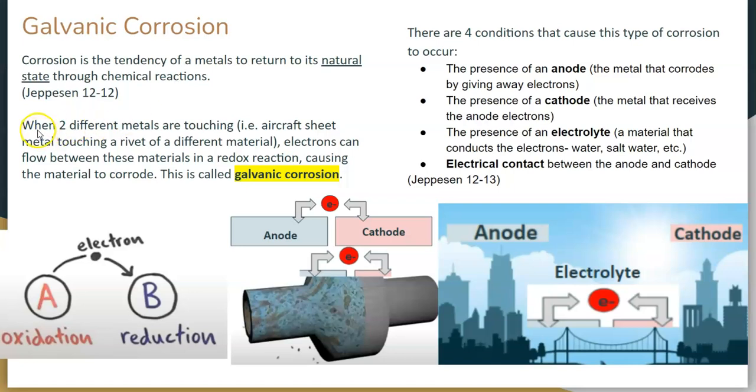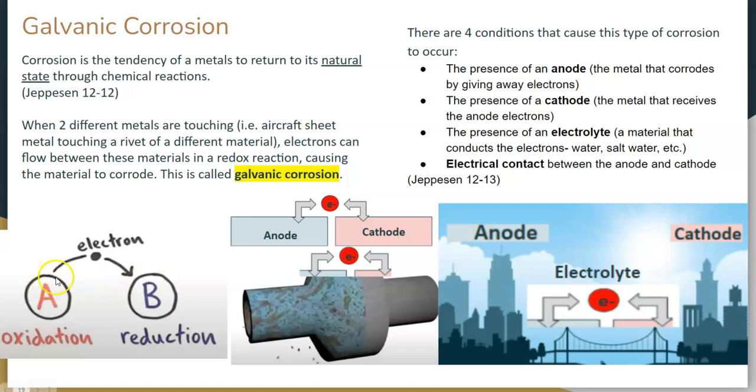So in this particular situation with galvanic corrosion, what happens is that you have two different metals that are touching. Like, for example, sheet metal and a rivet of two different materials. Maybe one's aluminum and the other one's steel. And what happens is that when you have two different types of metals that are made out of two different types of elements, electrons want to go from one to the other.